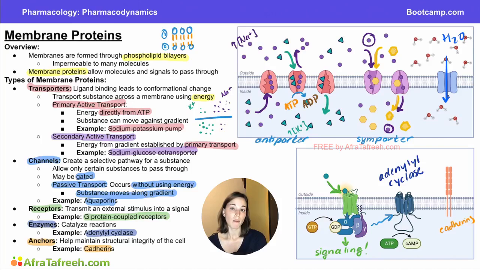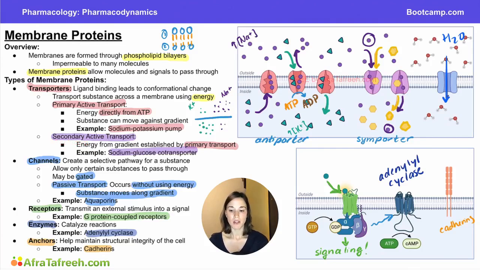Channels move specific molecules down their concentration gradient without using any energy. Receptors don't necessarily move molecules across a membrane, but they do transmit a signal from outside of the cell to inside the cell. There are also membrane-associated enzymes and membrane anchoring proteins responsible for maintaining cell structure.